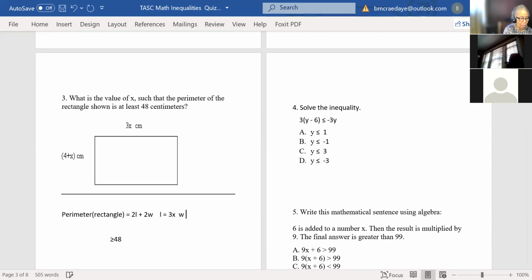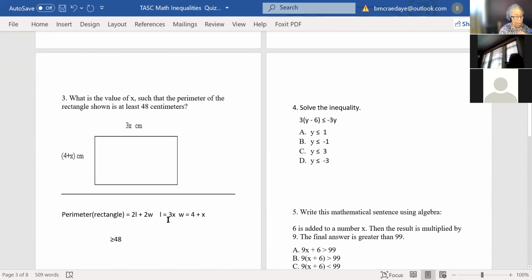And the width is equal to 4 plus x. Now we know our formula for perimeter. We know our length is 3x and the width is 4 plus x. It doesn't matter how you assign them.